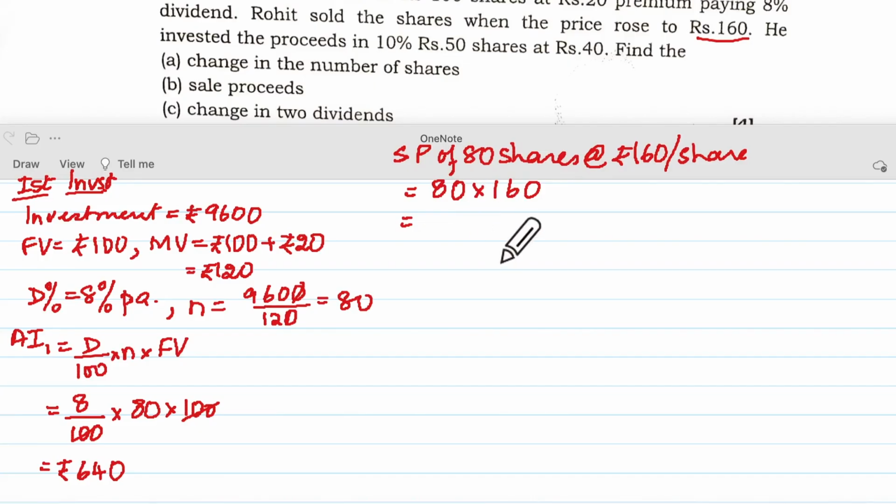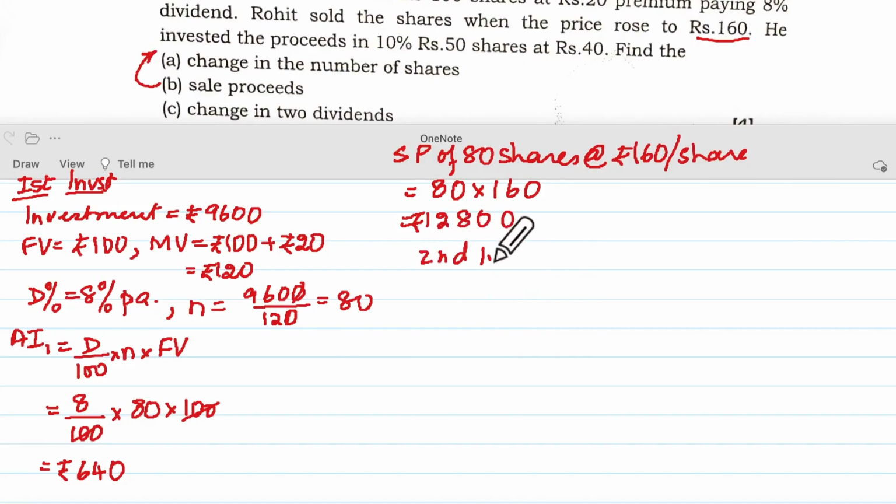Now 16 eights how much? 128, and these two zeros. So he is getting rupees 12800. Okay. Now they are saying change in the number of shares, then sales proceeds. Now sales proceeds should have been actually the first question, correct or no? Because I can't find change in number of shares till I go to the second company.